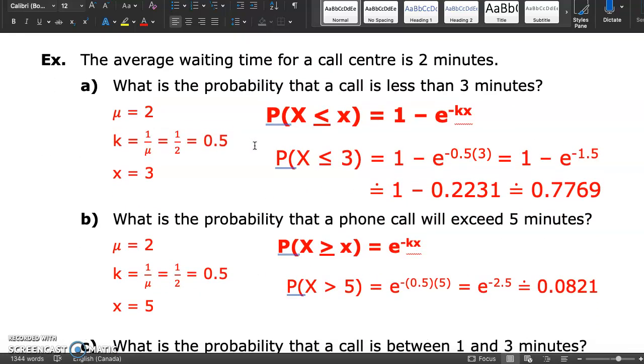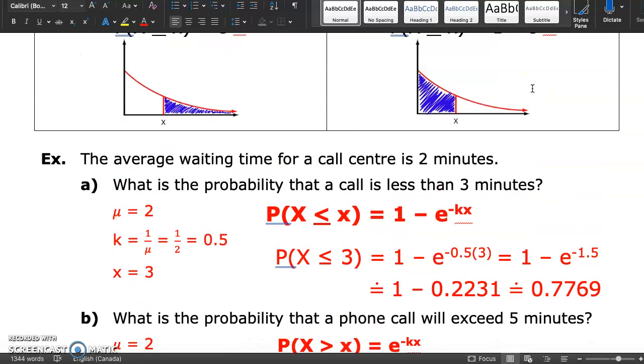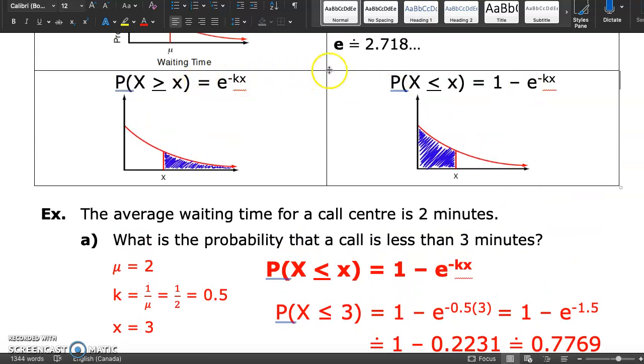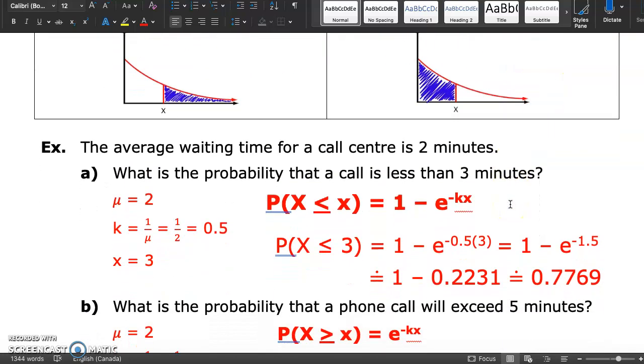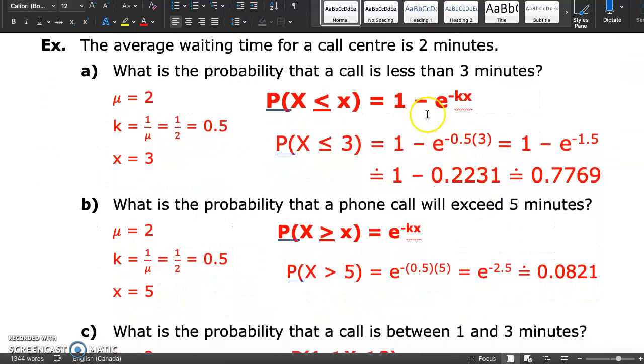So, the average waiting time for a call center is 2 minutes. That's all the information that you need. What is the probability that a call is less than 3 minutes? So looking at our formula, selecting which formula is for less than, that is 1 minus e to the negative kx. And we substitute in our value. So the tricky part, k is equal to 1 over mu.